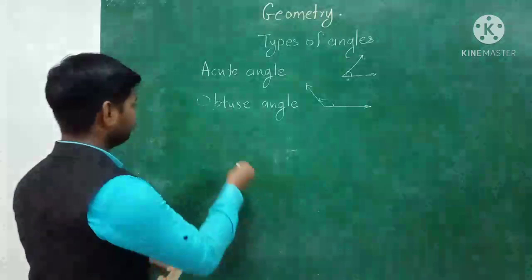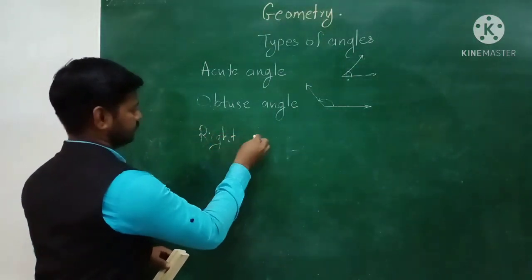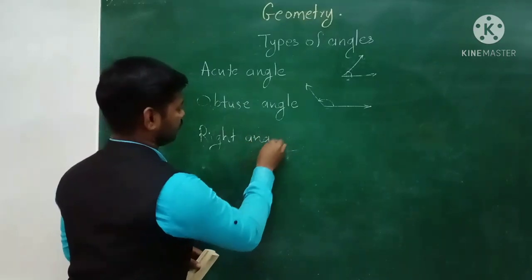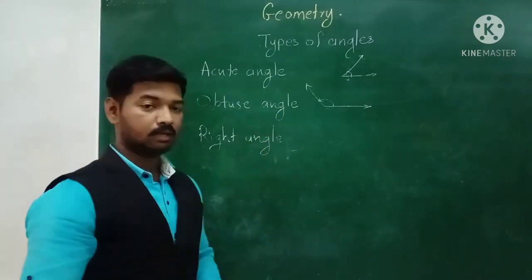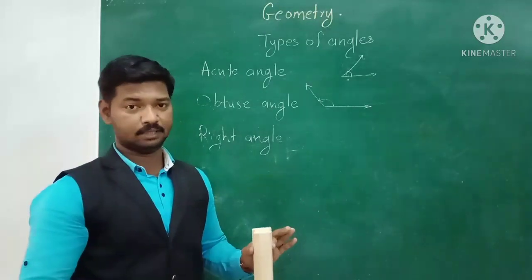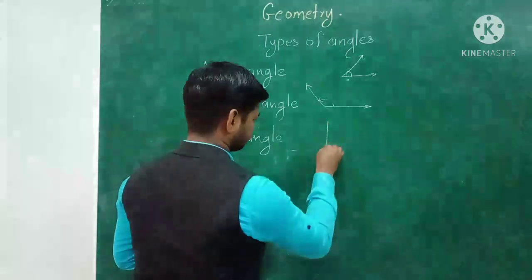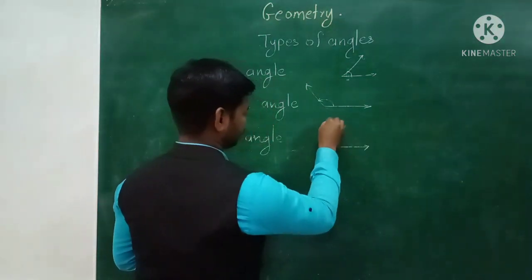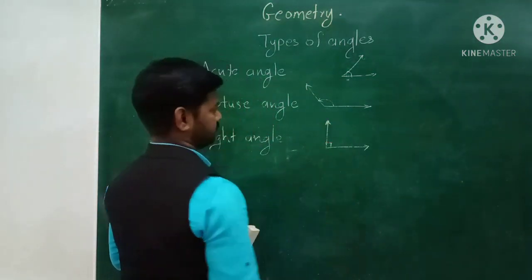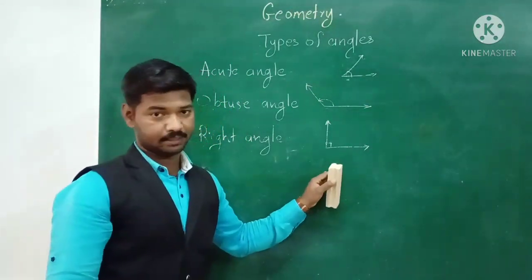Then you will see right angle. An angle which measures exactly 90 degree is known as right angle. See, this angle is right angle.